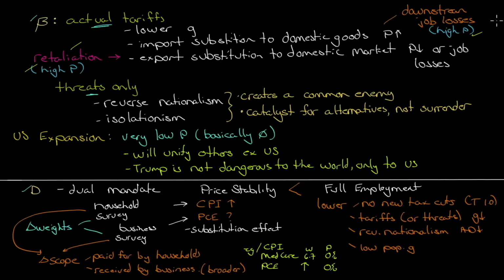So if you do have tariffs on steel and aluminum, U.S.-based steel and aluminum companies will be able to raise their price, but downstream you'll get job losses. We already have a case study for that, which was the last time Trump did that.